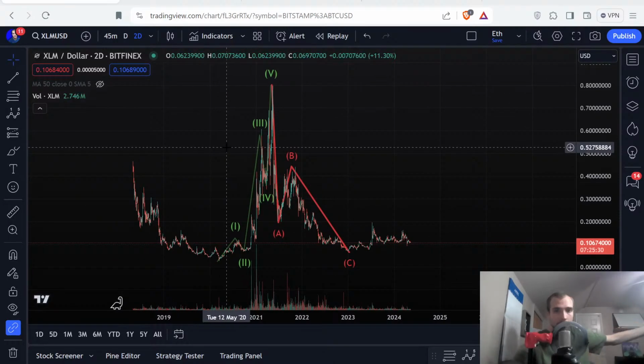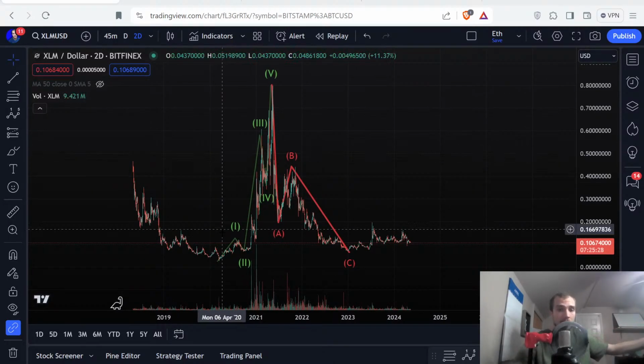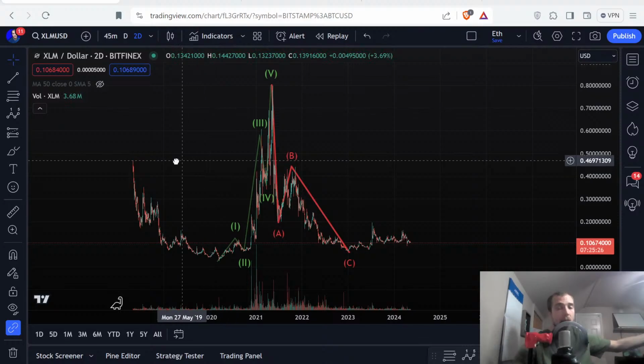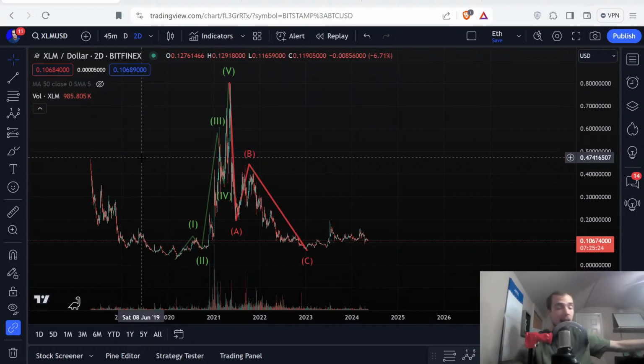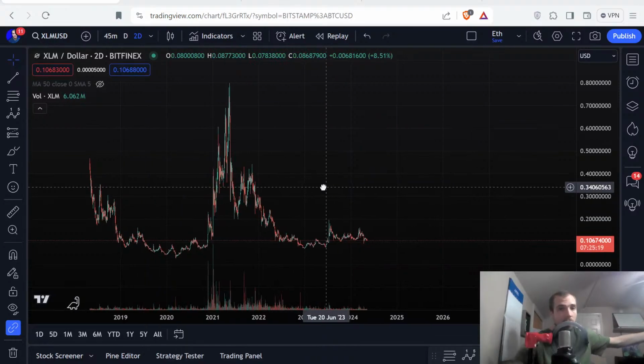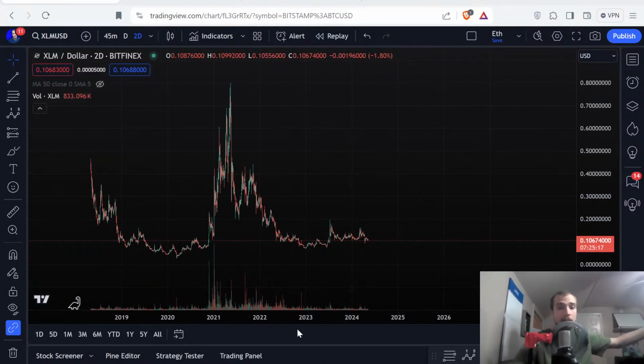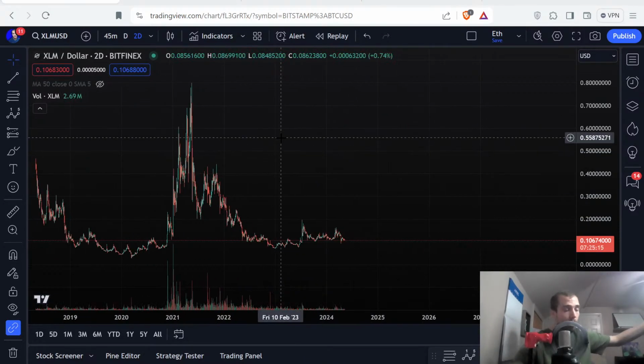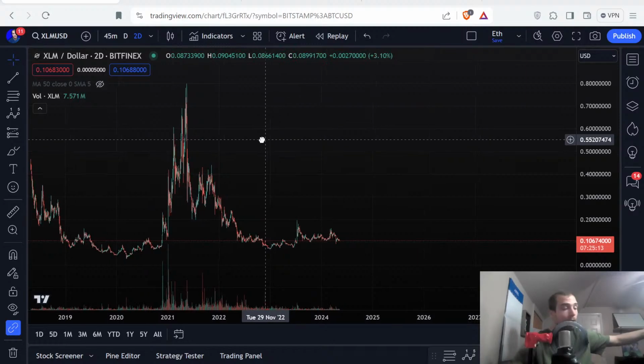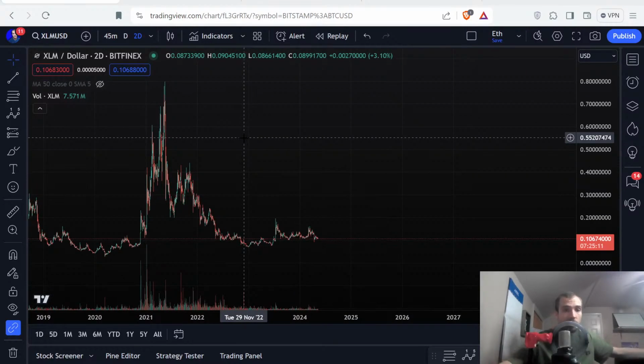So there is an aspect of it that is fundamental. But I don't trade fundamentals. I trade the charts, I trade the patterns, because that's how you make money. And I like making money. I don't like getting wrecked. I don't like thinking I'm smarter than everybody else. I like to just make money. I care more about being rich than right. I don't care if a coin is the next future coin or whatever. If it's going to make me money, I'll buy it.